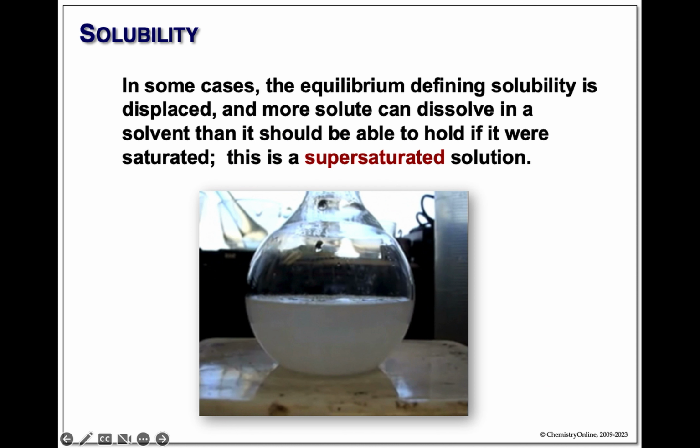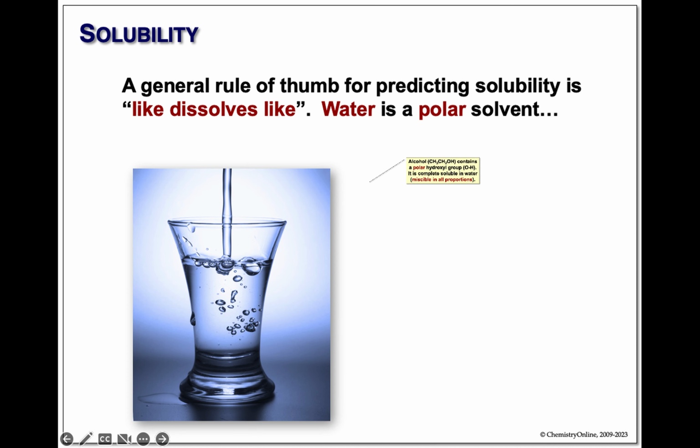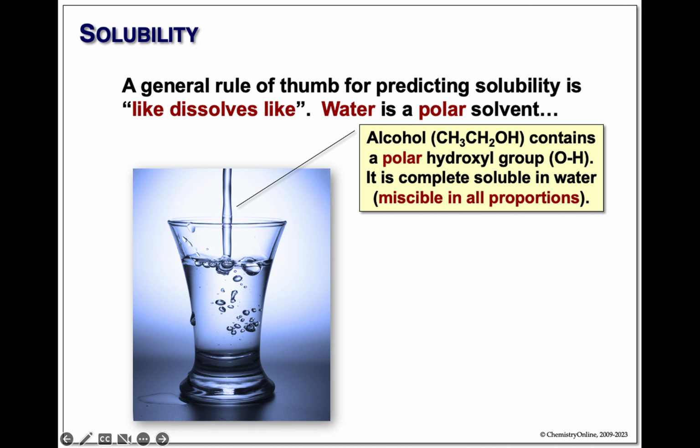All right, let's talk about solubility. What dissolves what? There's a very simple rule of thumb, and that is like dissolves like. When we're speaking of things that are like or not like, we're talking about polar or non-polar. Water, we know, is a polar solvent.